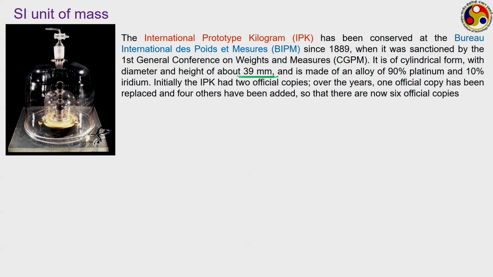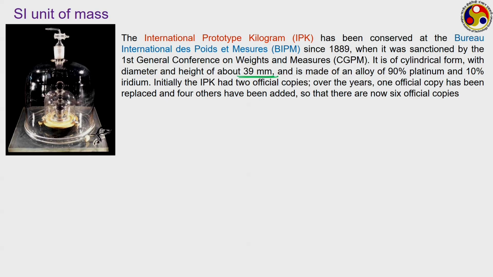The mass of this particular cylinder was identified to be 1 kg during the first general conference on weights and measures, and that was preserved in the Bureau of International Weights and Measures since 1889 at Paris. This is often called the IPK or International Prototype Kilogram. So, this particular mass was identified to be 1 kg, and since then everything was calibrated with respect to this. This served as the most fundamental unit.